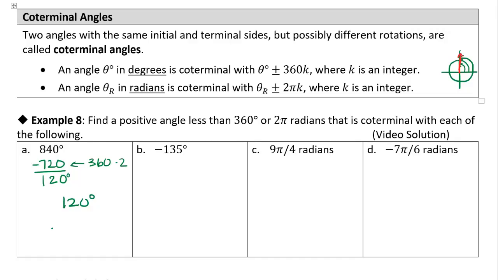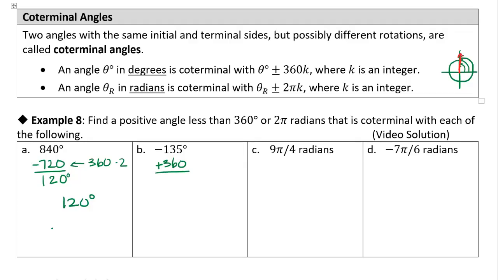The next one is negative 135 degrees. I need an angle that's coterminal with negative 135 degrees, but I want it to be positive. So let's add 360 degrees, just once, because we need a positive angle. Let's see where we end up.